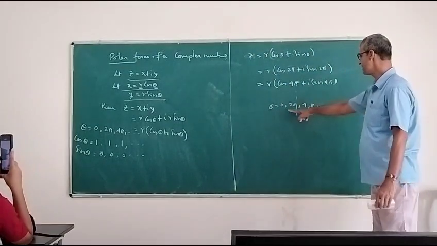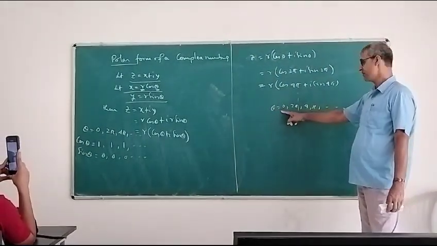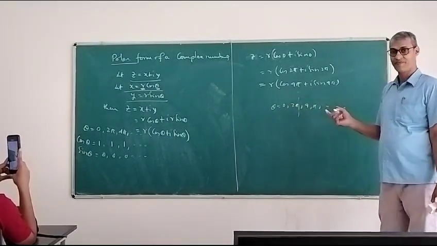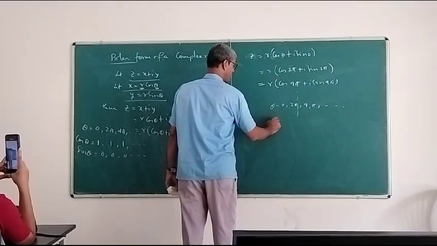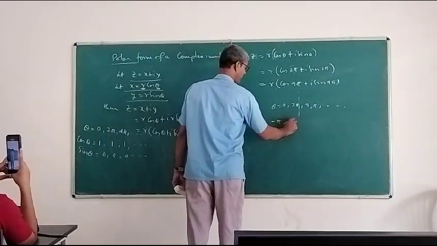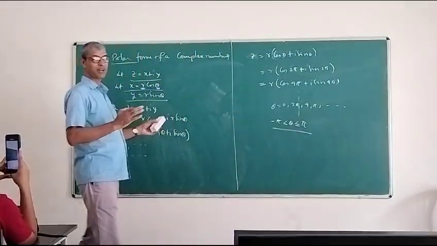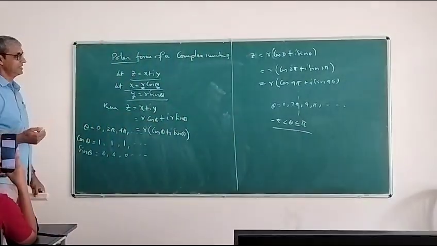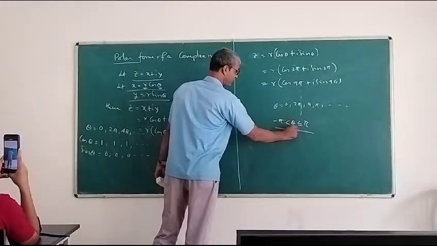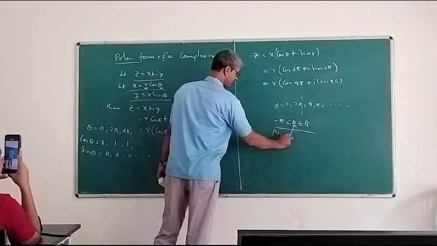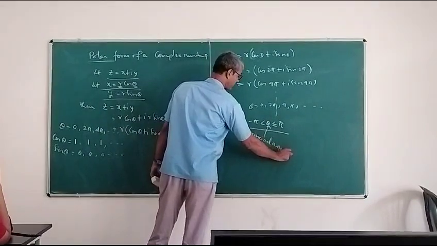Now what does it mean? The argument of a complex number is infinite. When we take the value of theta between minus pi and plus pi, possibly equal to pi, we call that the principal argument of z.